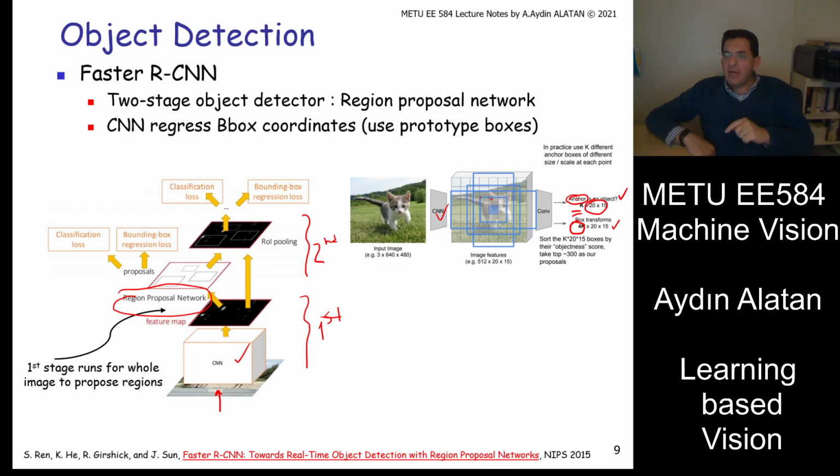In this way, I have obtained my proposals, and we will sort our proposals based on this objectness metric, and the top 100, a few hundred proposals will be your hypotheses going to the next stage.